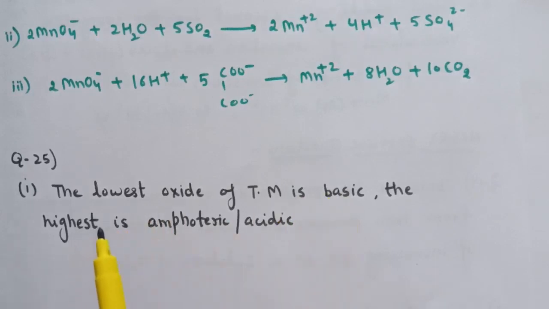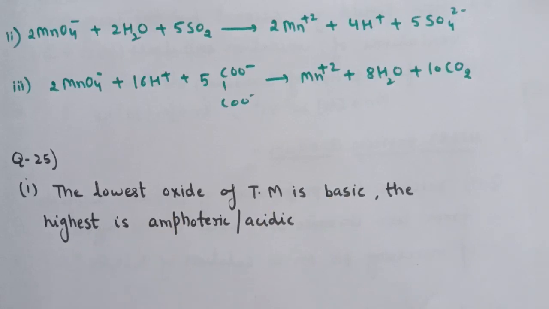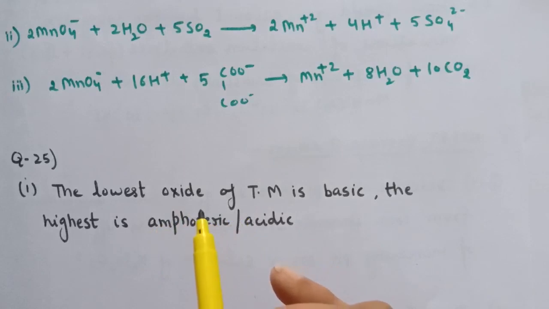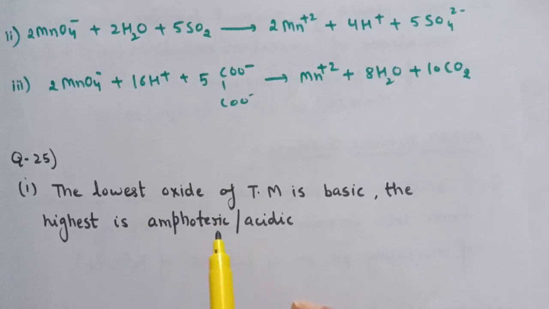Whereas in the highest oxide, the metal is present in a higher oxidation state and the valence electrons are involved in the bonding and therefore not available for donation. That is why the highest oxides are acidic or amphoteric.